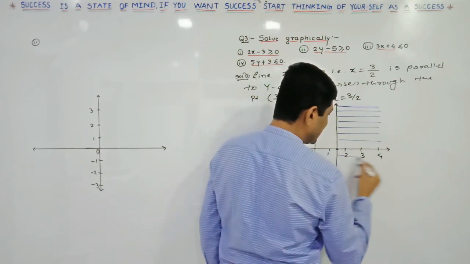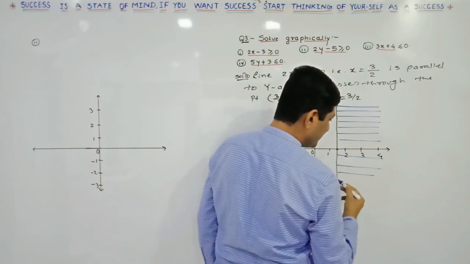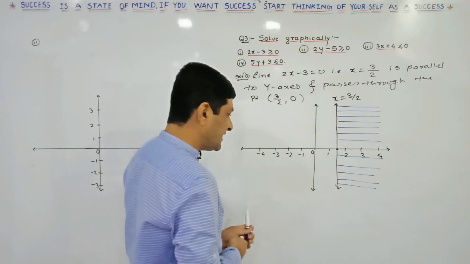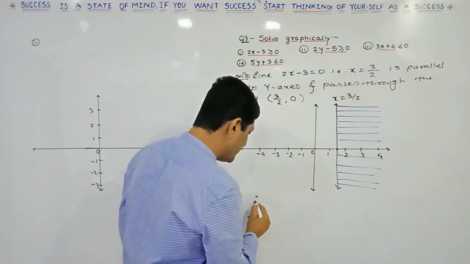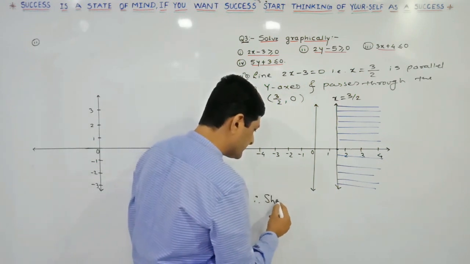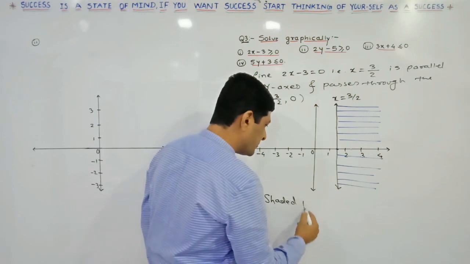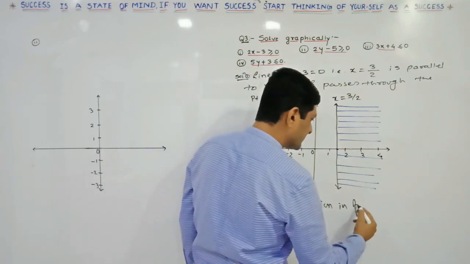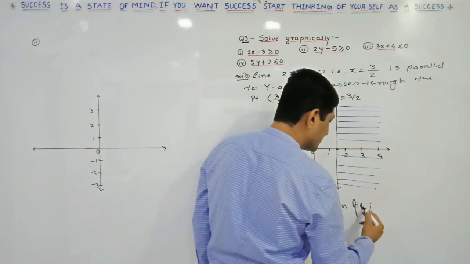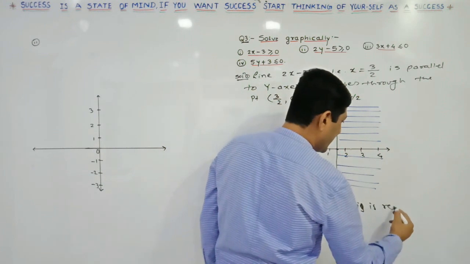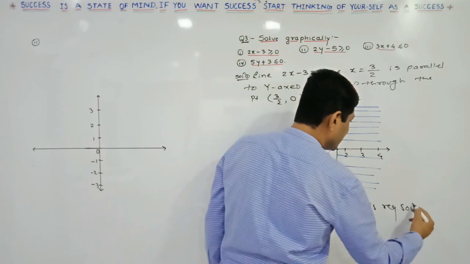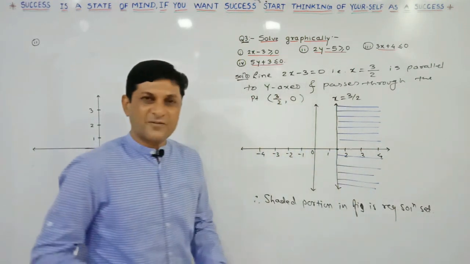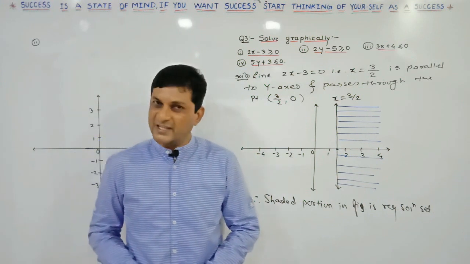The shaded portion in the figure is the required solution set. Lastly, write down: therefore the shaded portion in the figure is the required solution set. In this way, using the graphical method, we are finding the solution set of the given expression.